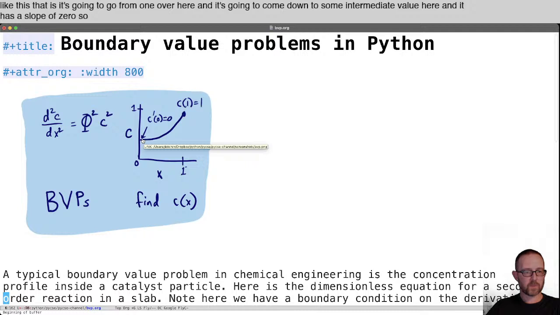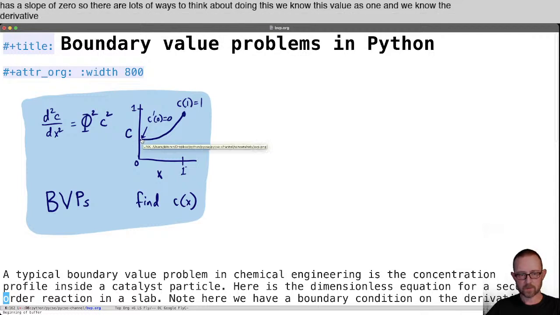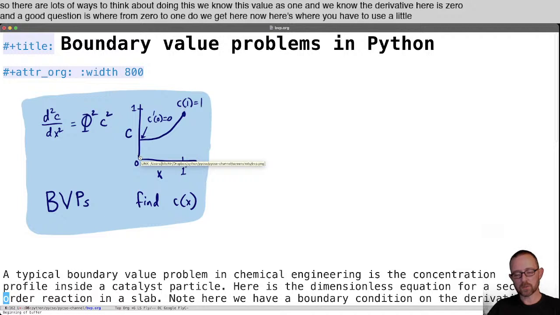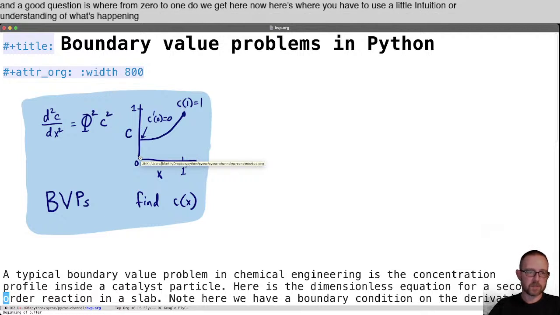So there are lots of ways to think about doing this. We know this value is 1, and we know the derivative here is 0. And a good question is, where from 0 to 1 do we get here? Now, here's where you have to use a little intuition or understanding of what's happening and how the Thiele modulus affects the concentration.